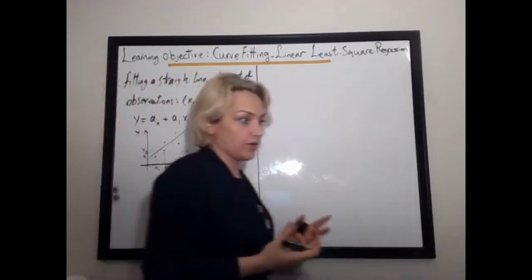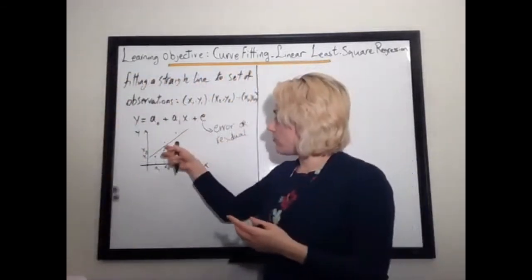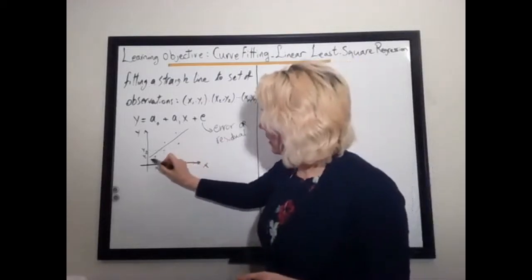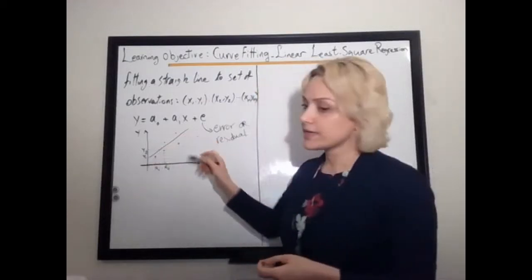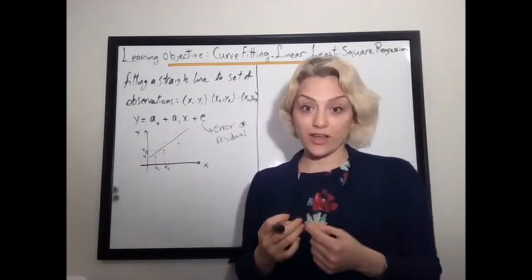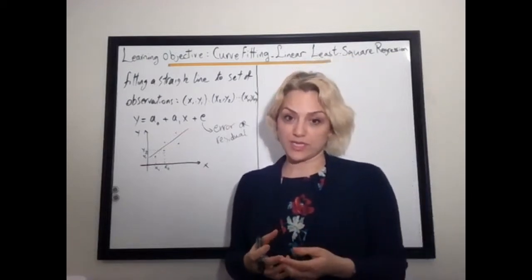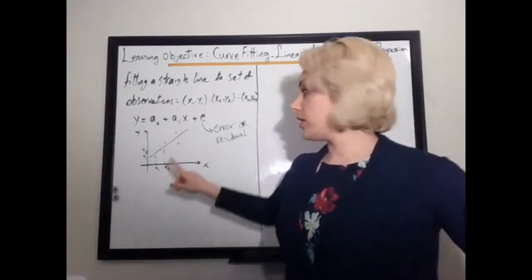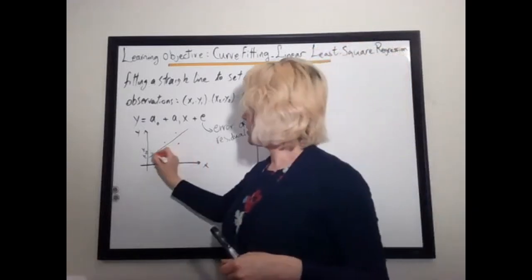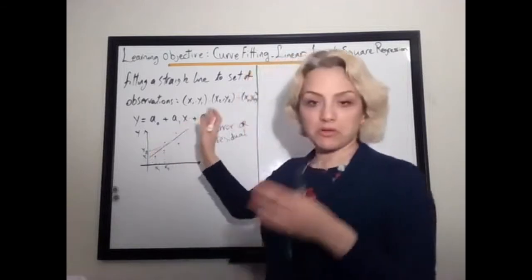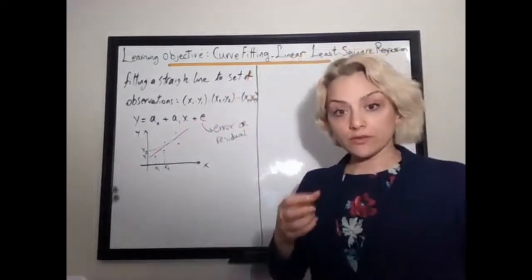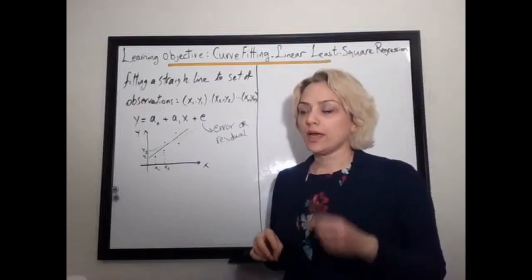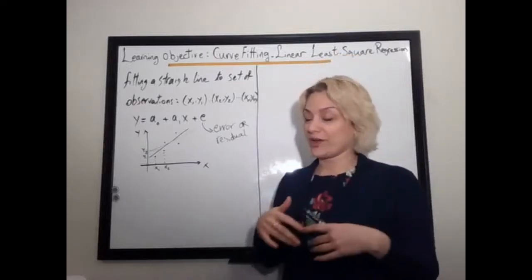So when you think about it, let's say I have one line like this. I would have another line like this, or another line like this. If I ask you which line you are going to choose, what would you say? Think about it for a moment, and you can pause the video and come back.